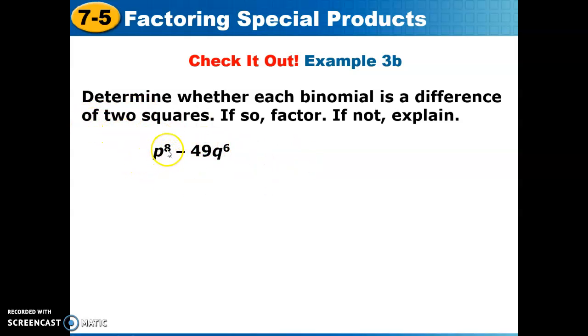We have p to the 8th minus 49q to the 6th. This is a perfect square, this first term, because it does have an even number for an exponent. This is also a perfect square because square root of 49 is 7, and again, even number.